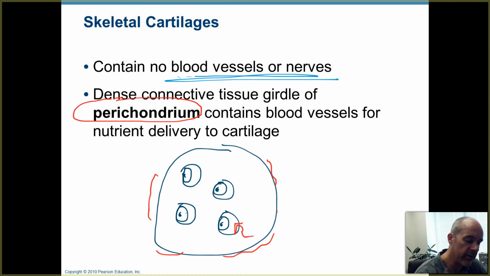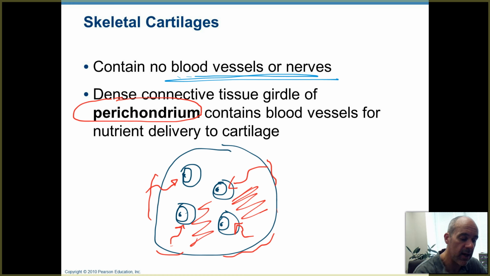So oxygen gas and nutrients have to diffuse through that semi-solid extracellular matrix of the cartilage to get to those cells. So those cells are kind of slow. These cells make the semi-solid extracellular matrix of cartilage. They have to produce all of the substances in there.